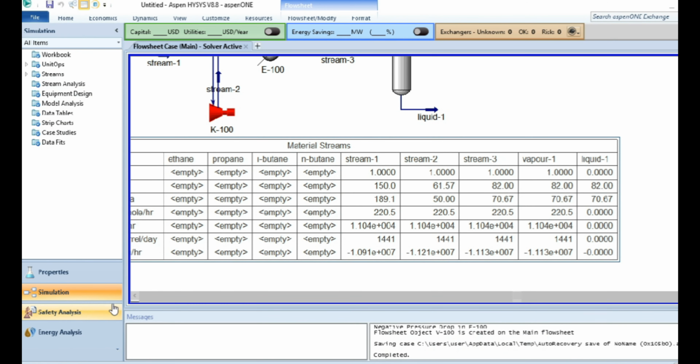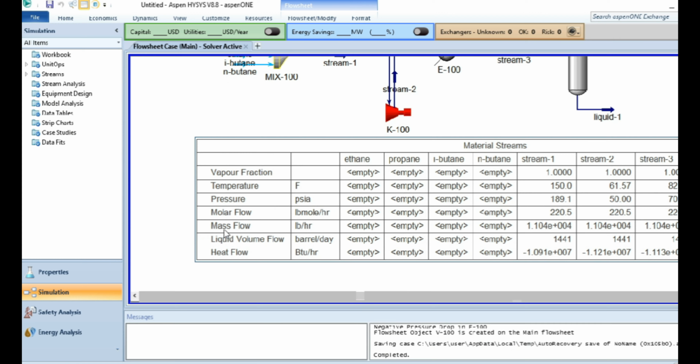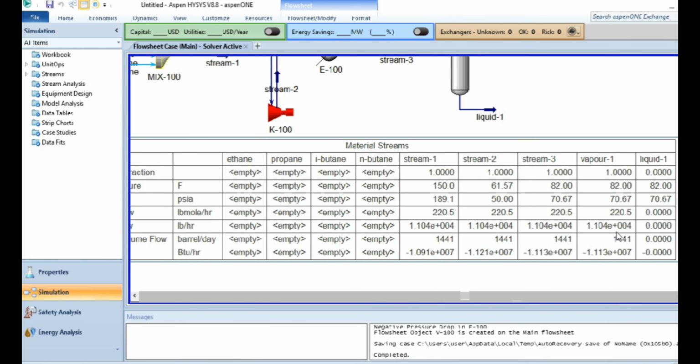The flow rate, counting from the bottom, 1, 2, 3, 4, that is the fourth. The flow rate is 220.5 pounds mole per hour. If you convert it to other units, you will have the corresponding data. In terms of liquid, none. Even the mass flow rate is 1.104.